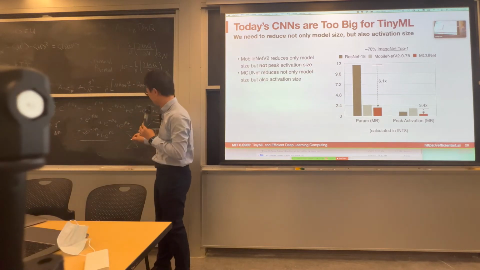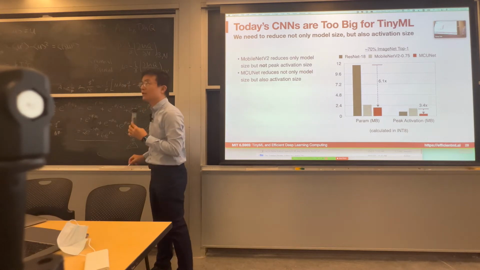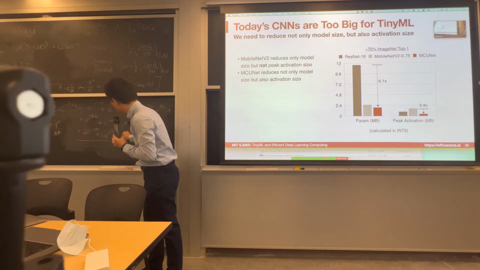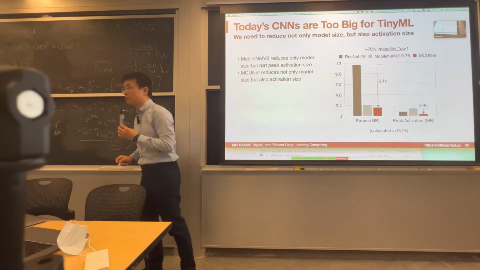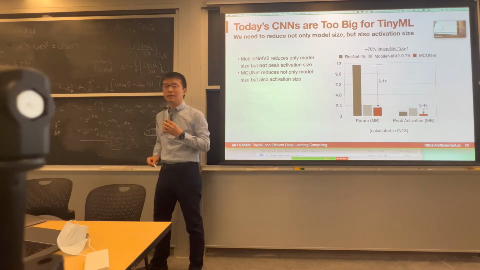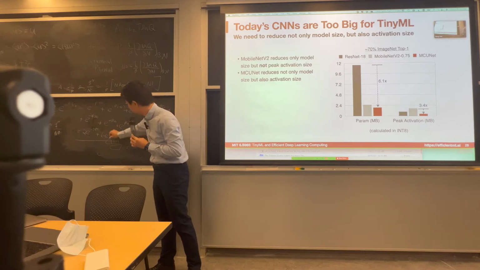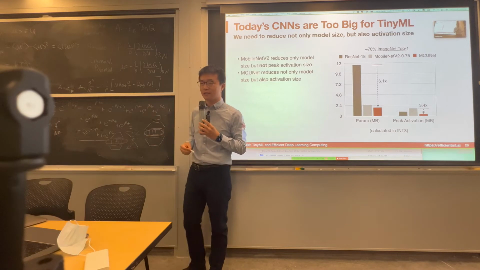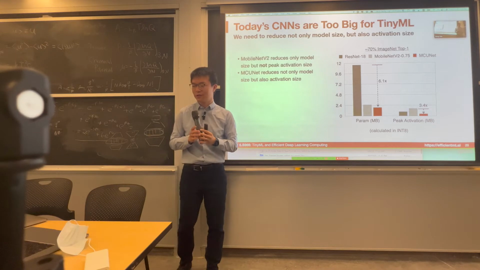You have 1x1, here 3x3 in the middle, and 1x1 at the end. This is bottleneck. Inverted bottleneck is like you have something much larger in the middle and smaller on both ends. So for the inverted bottleneck layer, this middle part is 6 times larger than the previous and next layer. Everyone get the point? Okay, good.